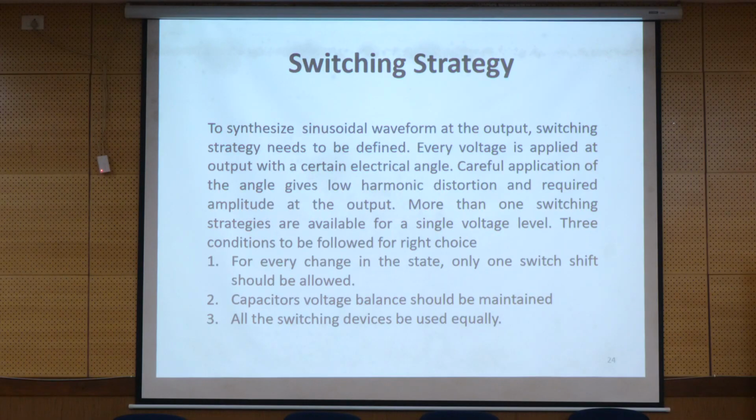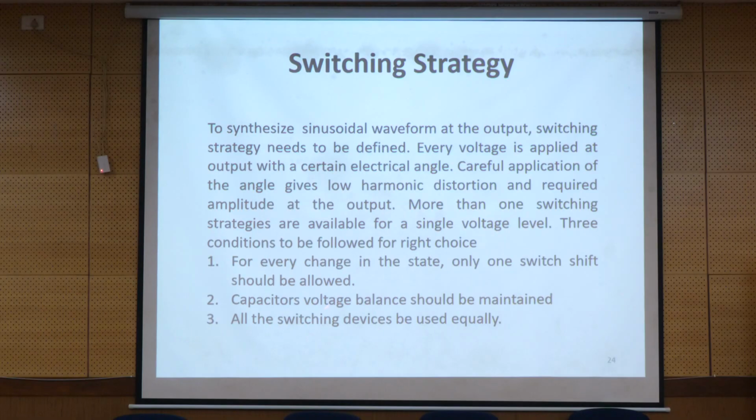Either combination gives zero output, and that is the flexibility: either all the upper switches turn on, or all the lower switches, and you get the same output. That is the redundancy. For every change in the switching state, only one switch shift should be allowed.